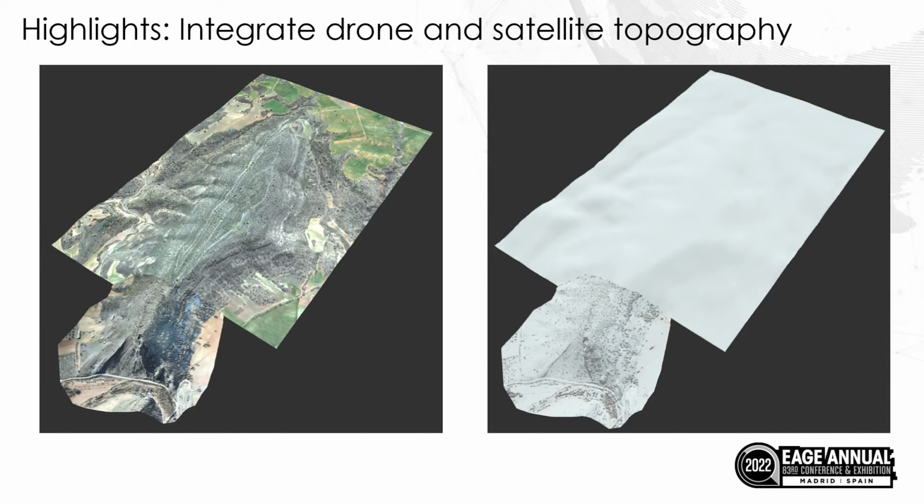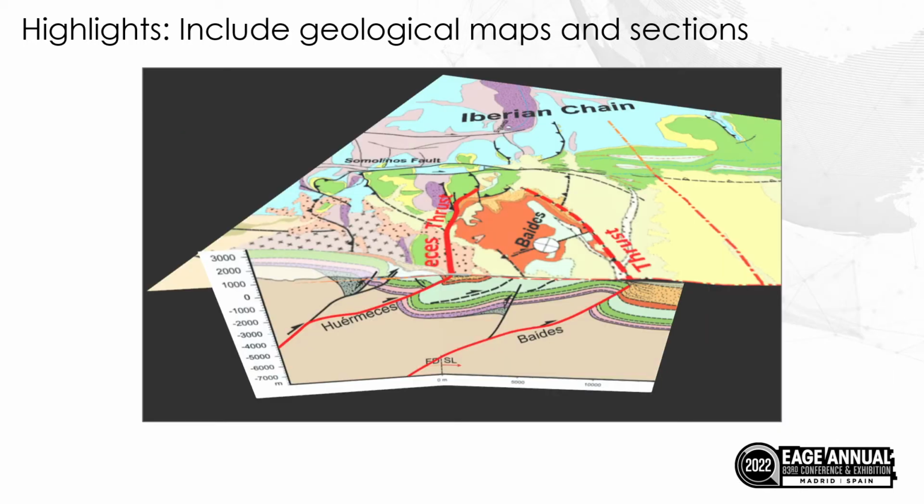Now, I would like to briefly review some of the elements that are characteristic of this model. So, as you have seen, I have added images and topography from satellite data. I have added maps, geological maps and cross sections.